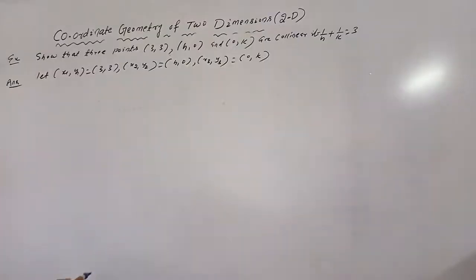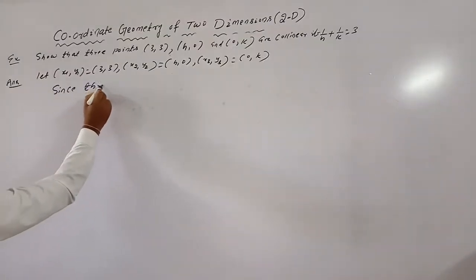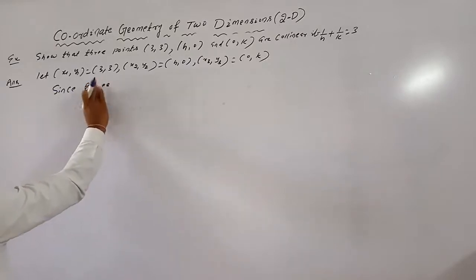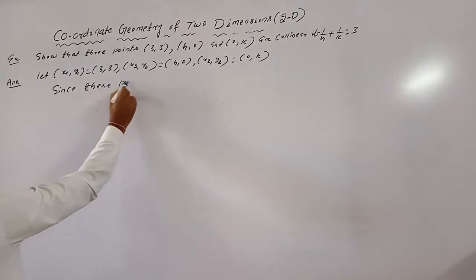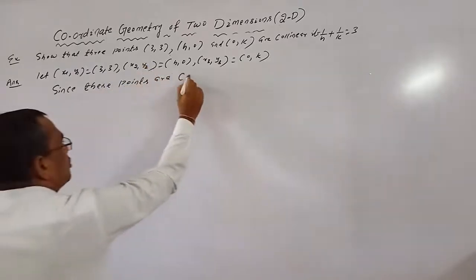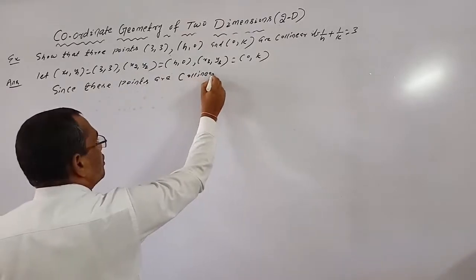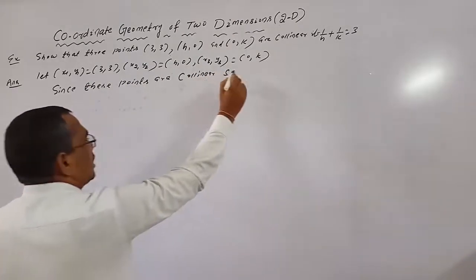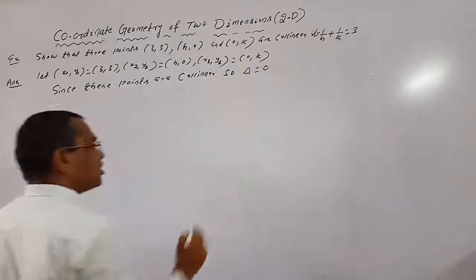Since these points are collinear, delta equals 0, the area of the triangle is 0.